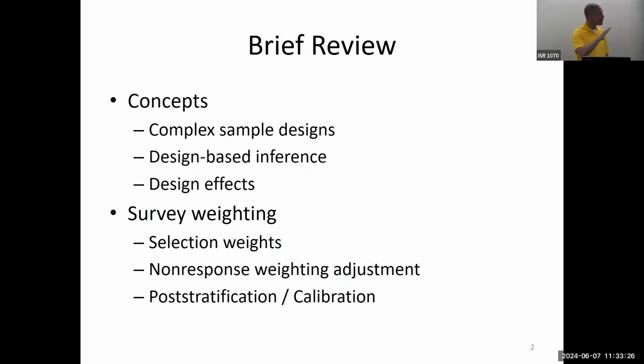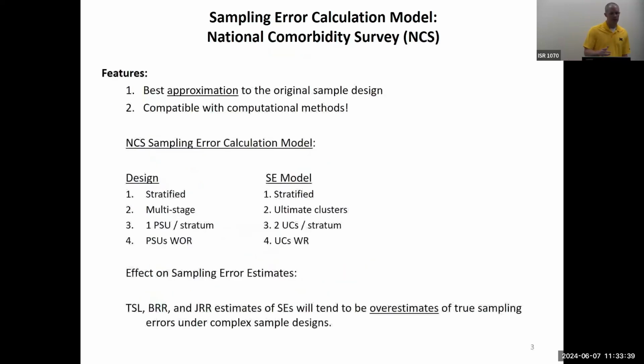We'll see all these formulas that talk about the reduced degrees of freedom. We're going to go over the formulas that are used to calculate variance in stratified cluster samples. We're just not there quite yet. With sampling error calculation models, it's always best to start from an example because you're going to see a different sampling error calculation model for every single survey.